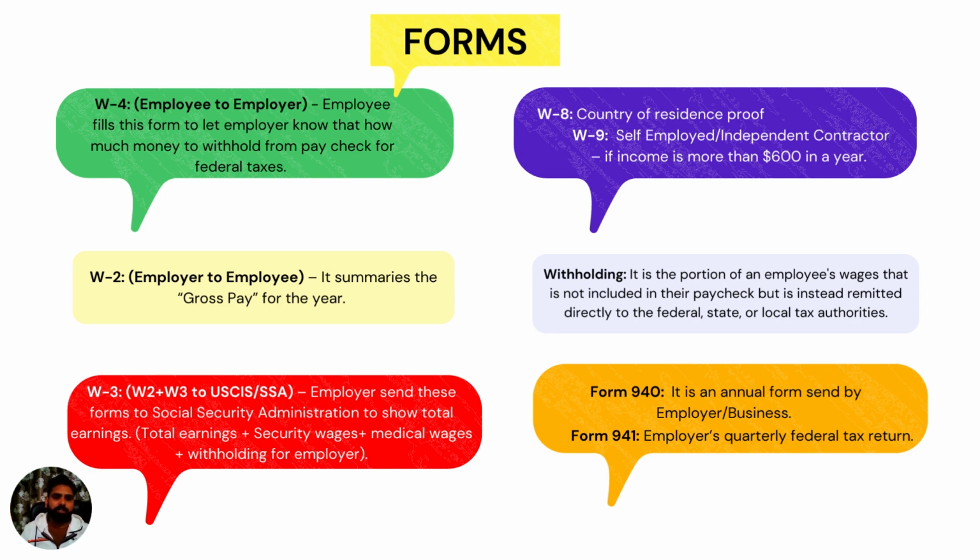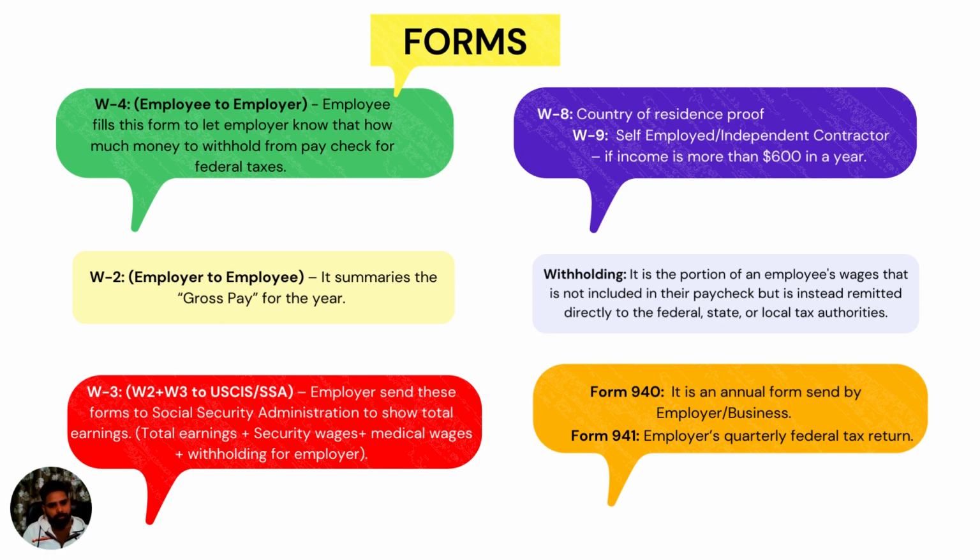Withholding is basically a portion of an employee's wages that is not included in their paycheck but is instead remitted directly to the federal, state or local tax authorities. So it is just a portion of the employee's wages, right? You can understand the W4 form as being for tax saving purposes. These forms are not very useful, but as a recruiter, we should have an idea about these forms, where we have to apply, and what the purpose of the forms is.